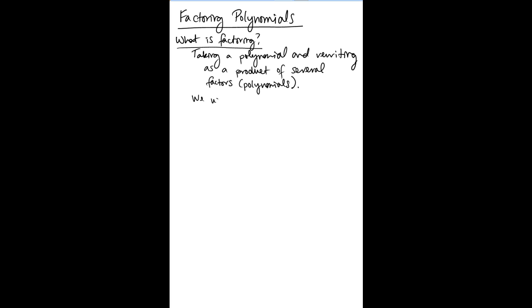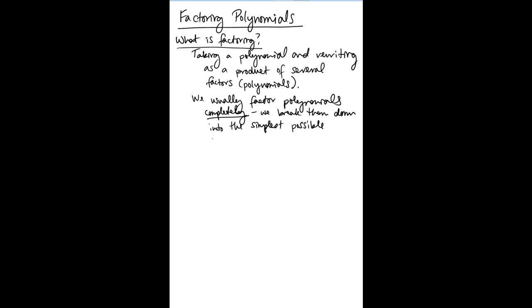So we usually factor polynomials completely, which means that we break them down into the simplest possible polynomials.